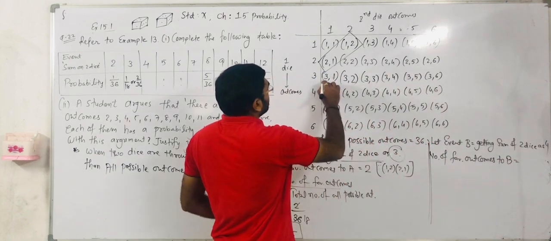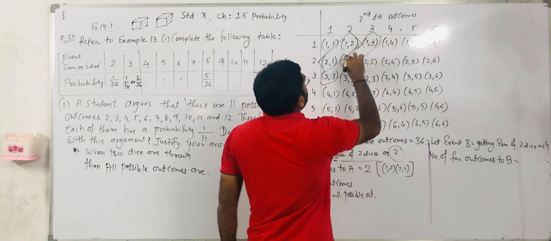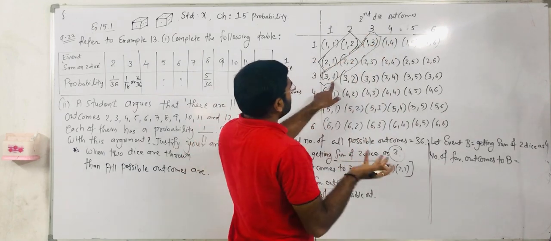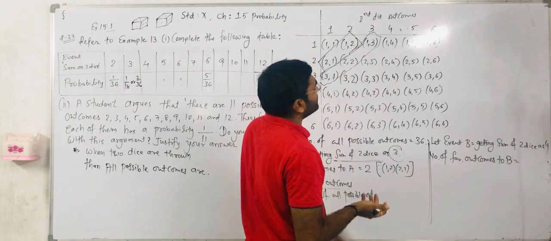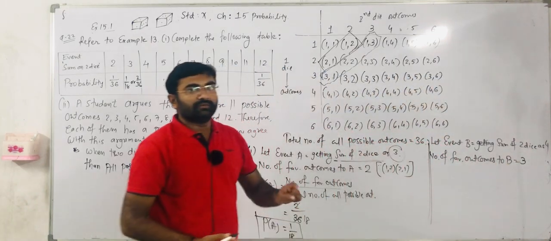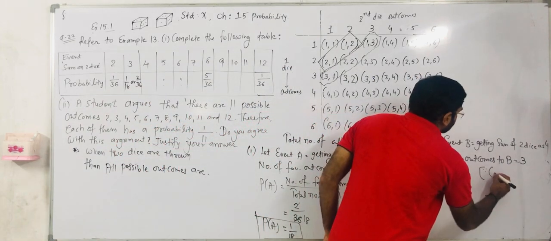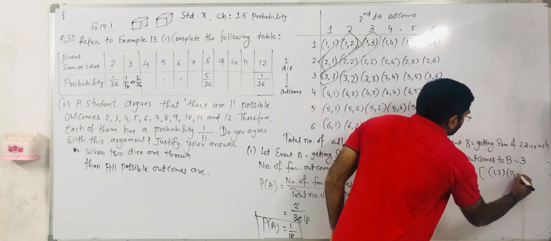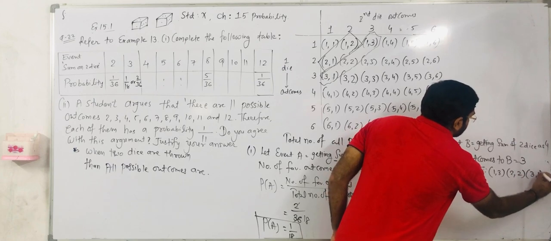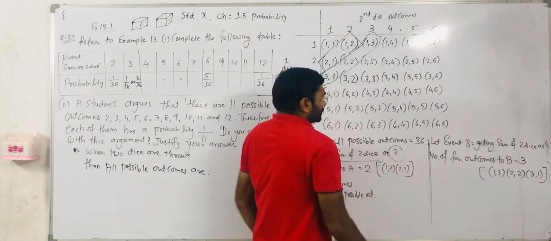So check here. Here in these three outcomes, 3 plus 1 is a 4, 2 plus 2 is a 4, 1 plus 3 is a 4. So we can say there are 3 possible outcomes in which we get the summation as a 4. Which 3 outcomes? We have 1 3, 2 2 and 3 1.